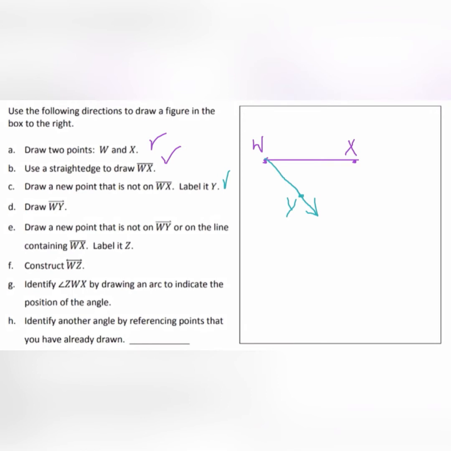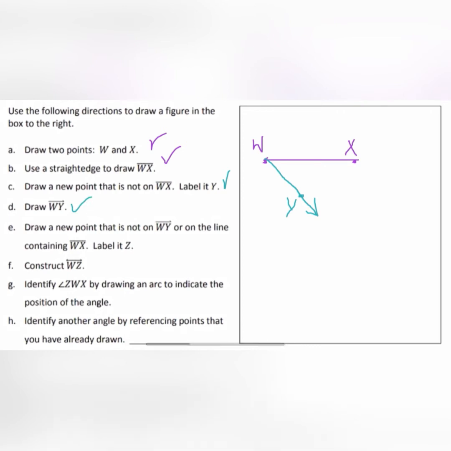That's what makes it a ray. And I tried to make my line as straight as possible. Of course, if you're doing this on a piece of paper, use a ruler or something straight that you can just make a nice line with. So we drew ray WY, so I'll cross off letter D.